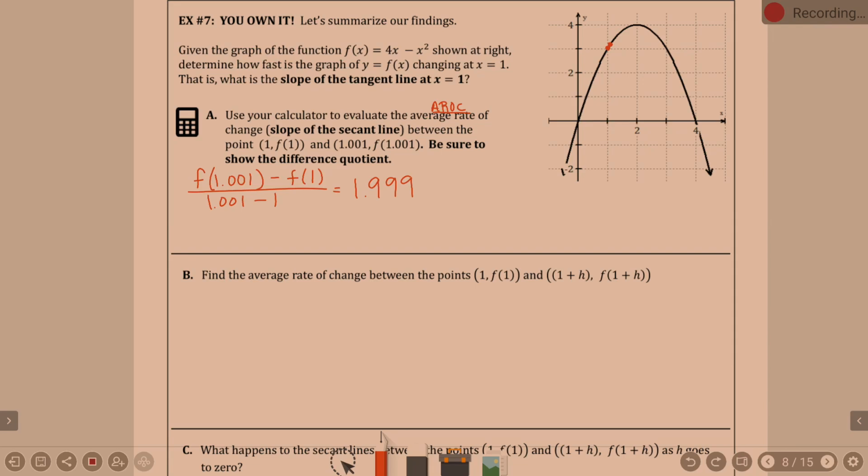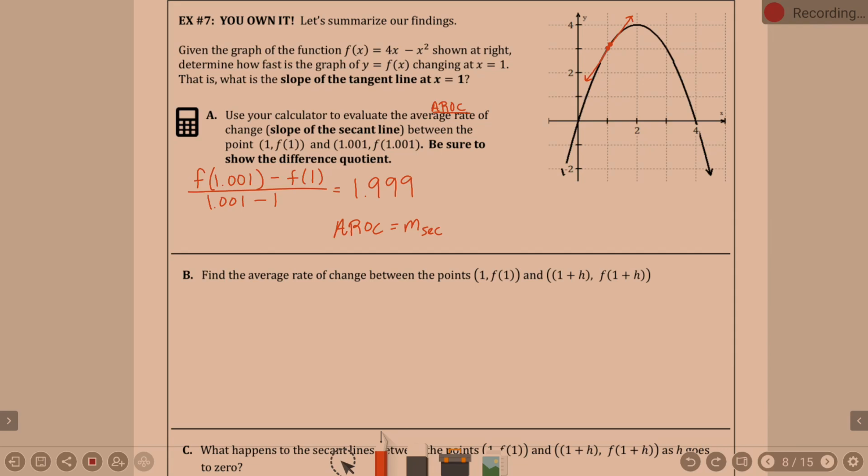So when we're talking about that slope, or AROC, whether you want to say slope of the secant line or AROC being 1.999, we're talking about that right there. So keep in mind that number, 1.999.